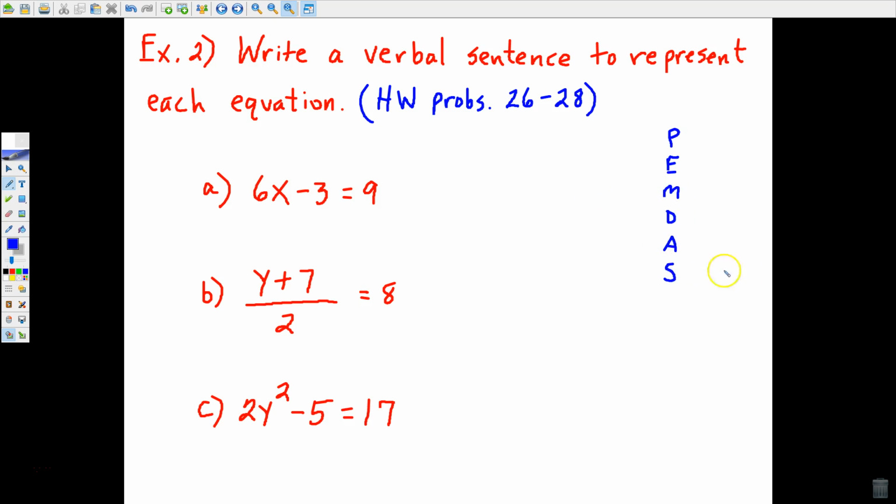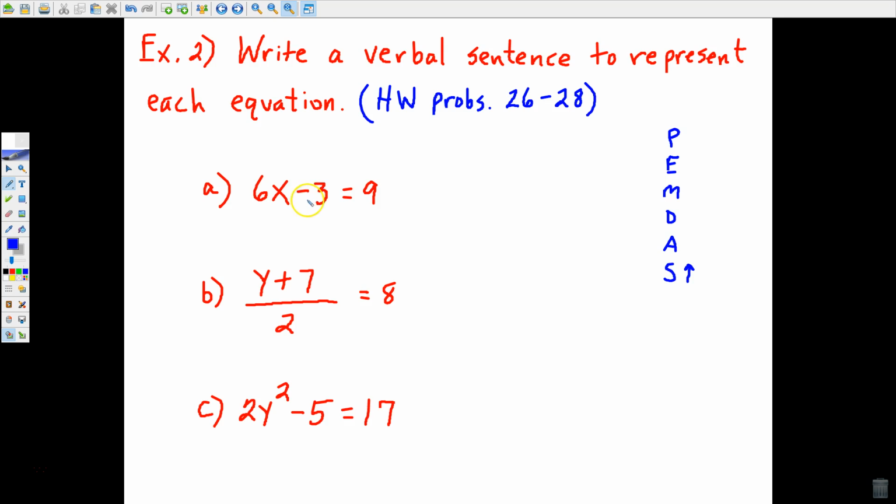Well, when it comes to solving algebraic equations, we're going to start unlocking, or I use the term undoing, these operations, but we're going to go in reverse order. And we're going to see this in more detail in just a moment. But to get our way of thinking ready for solving for these variables, going in reverse order of PEMDAS, I like to think of these when I'm changing them into word form in this same order.